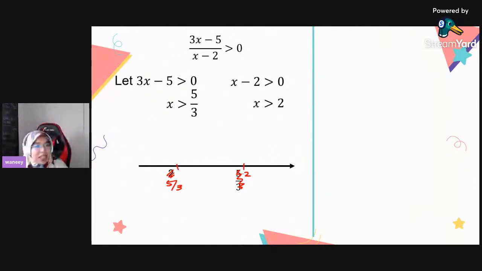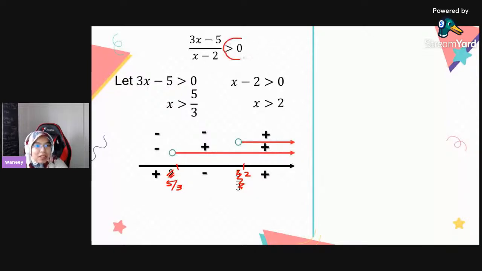Right, so now on the top of the line, you should put positive. Other than that, you should put negative, and then make sure to have the conclusion: positive, negative, positive. Since we want our answer to be greater than 0, that means it should be a positive region.